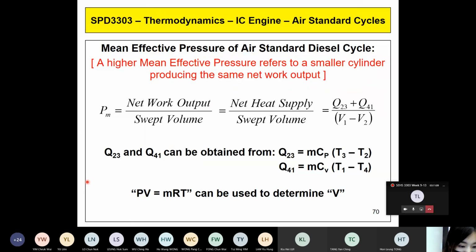Okay, guys, you should remember these equations and this definition for the mean effective pressure. It is the ratio between your net work output and the swept volume, okay?